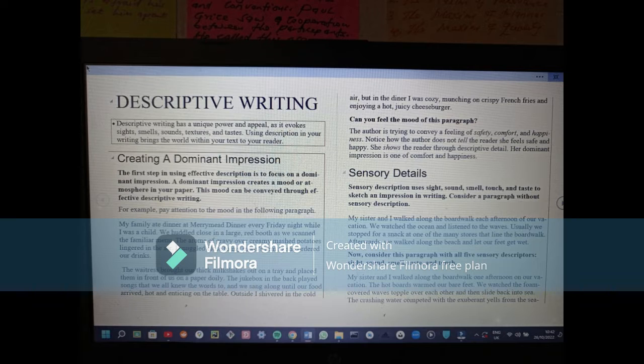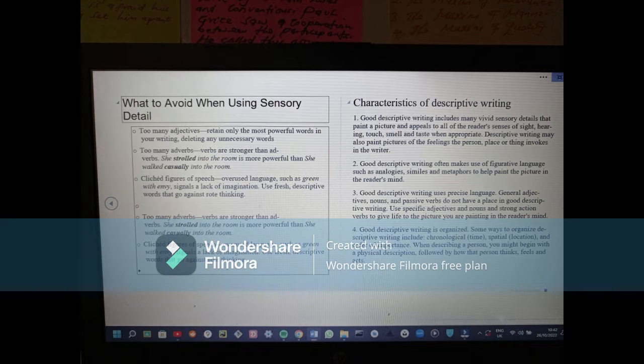So you must have also noticed how the author does not tell the reader she feels safe and happy, but she shows the reader through descriptive detail. Now, based on that, what is the dominant impression of my example there? The dominant impression there is one of comfort and happiness, through the use of lexis and diction that connote happiness and comfort.